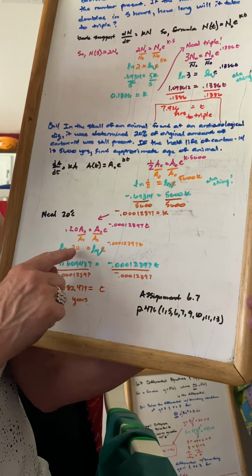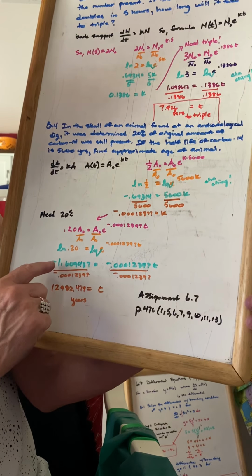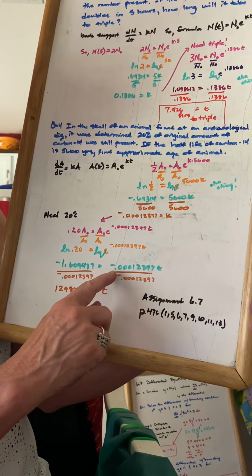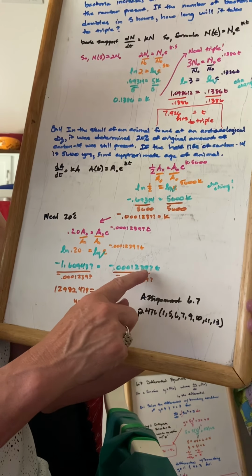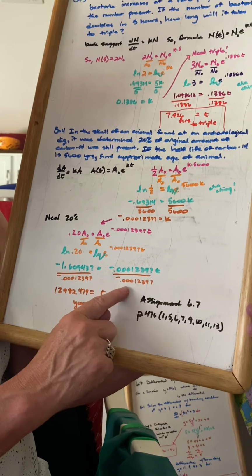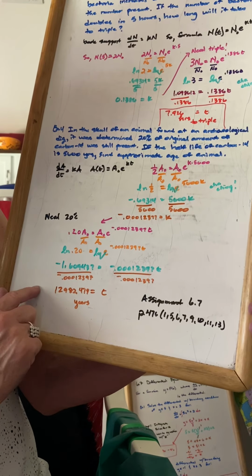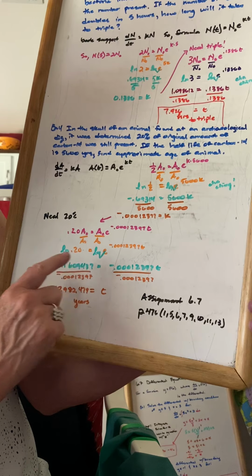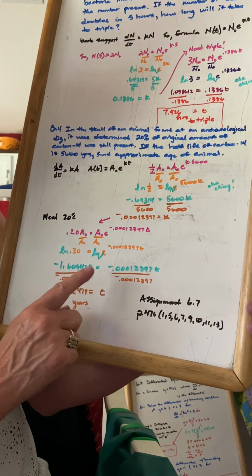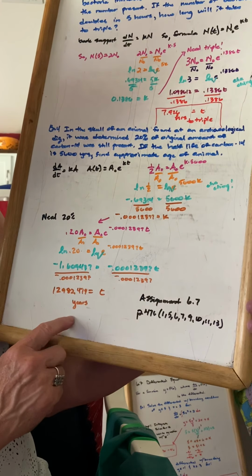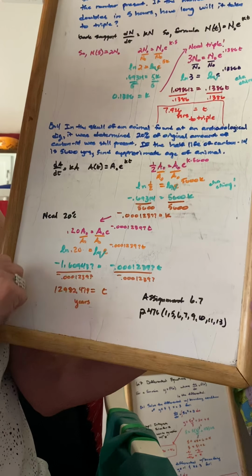You have natural log of 0.20 is negative 1.609437 equals negative 0.000123997t. Divide that out. A negative divided by a negative, you get your positive. Negative 1.609 divided by negative 0.000123 is 12,982.479 years. That's the time it takes.